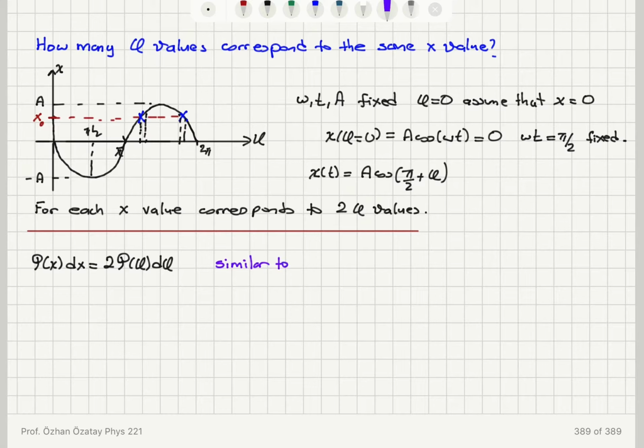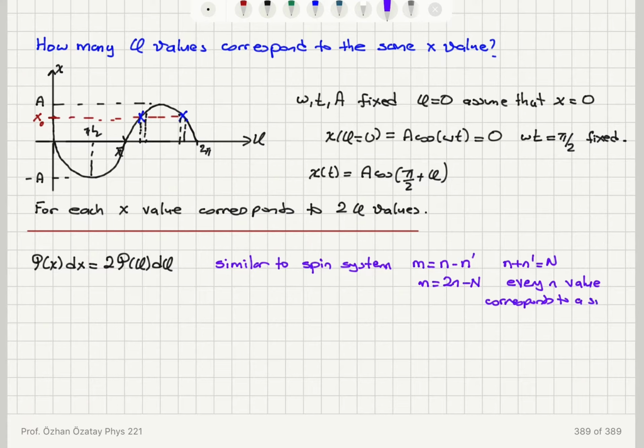If you remember the spin system where I had the net moment in the up direction, where m was defined as number of up spins minus number of down spins, for a total number of spins capital N, so n plus n prime was equal to capital N. So we had for n prime, n minus capital N, so m was 2n minus N, and then here every n value corresponds to a single m value for the spin system.